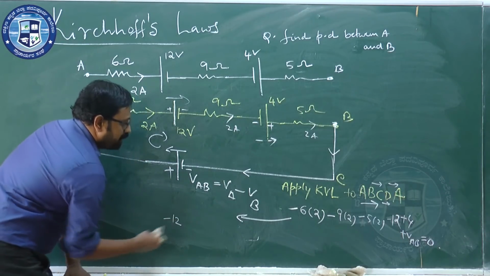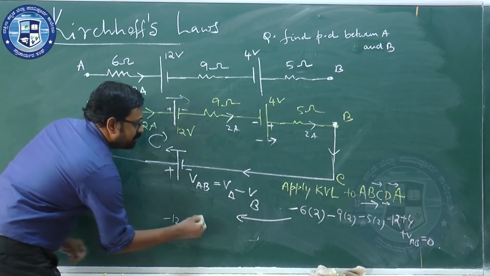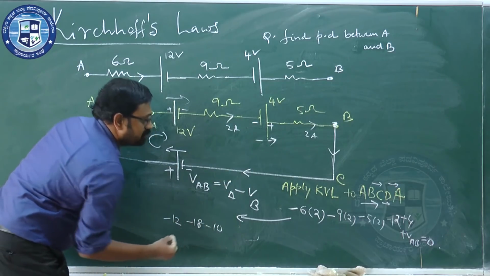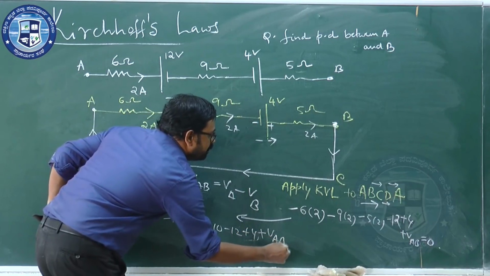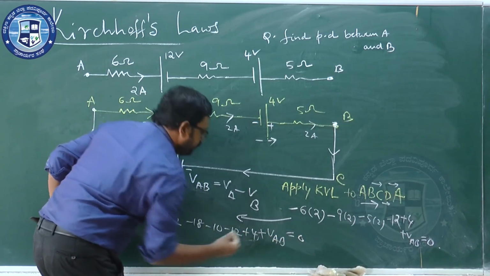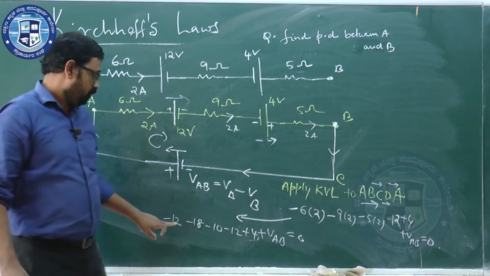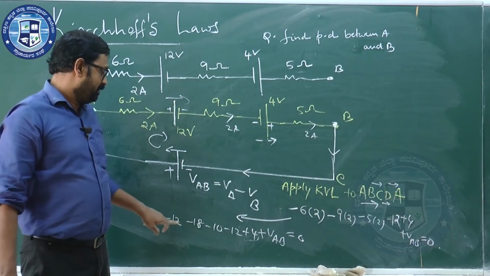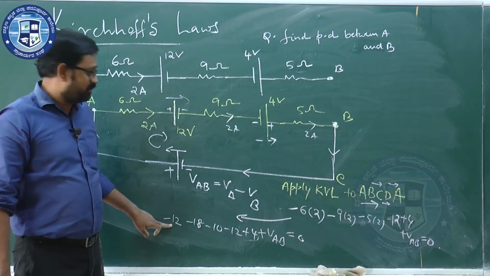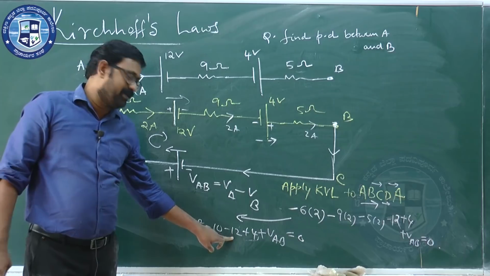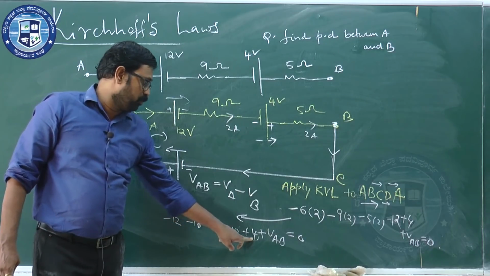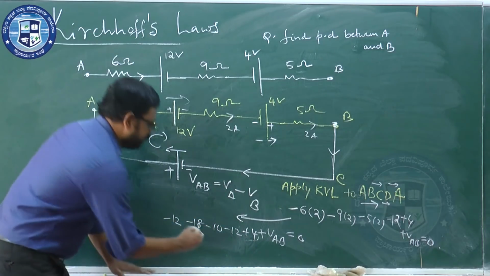6 into 2 minus 12, 9 into 2 minus 18, 5 into 2 minus 10, minus 12, plus 4, plus VAB is equal to 0, correct? So I can say minus 18, minus 12 is obviously minus 30, minus 30, minus 10 is minus 40, minus 40, minus 12 is minus 52, minus 52 plus 4 is minus 48.